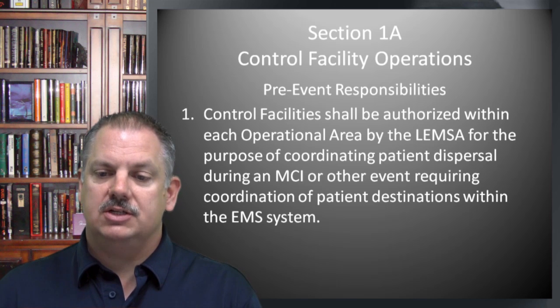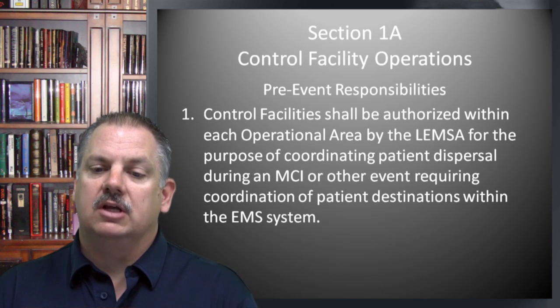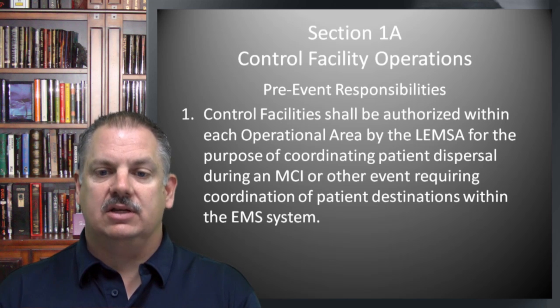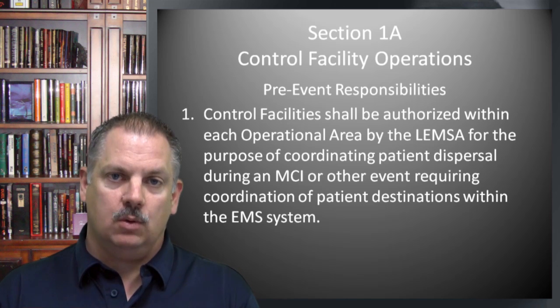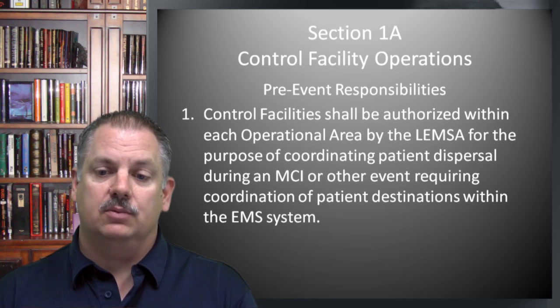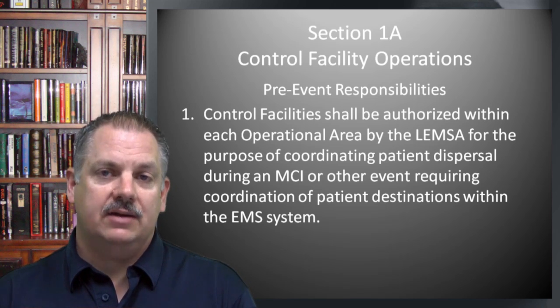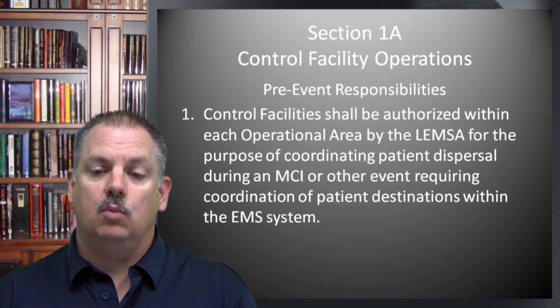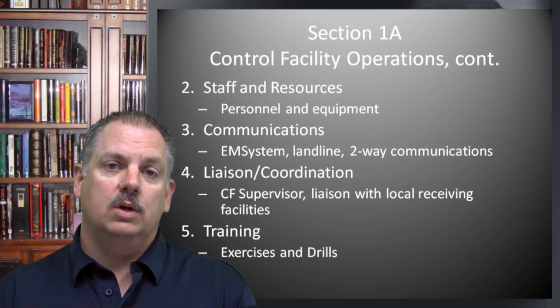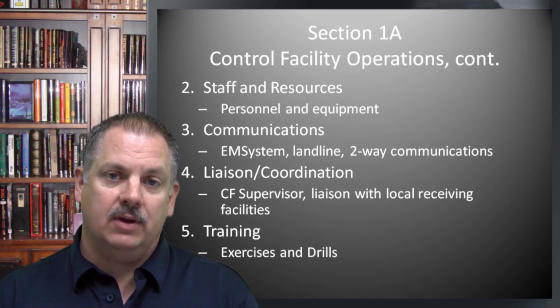Control facility operations. The important thing for the control facility is that they have the staff and resources to activate as a control facility, and that's what they are required to do under their memorandums of understanding with their LEMSAs. They also need to have some type of communication system, which would include EM Resource, a web-based reporting program.